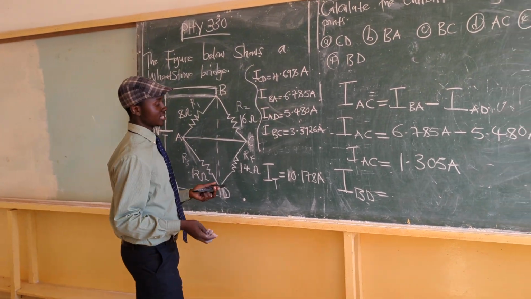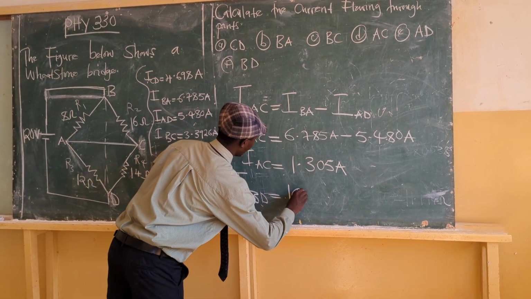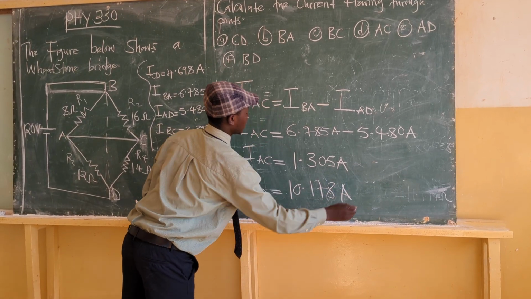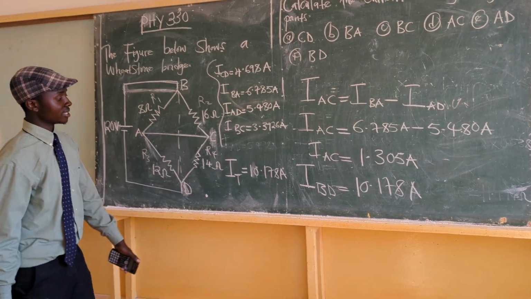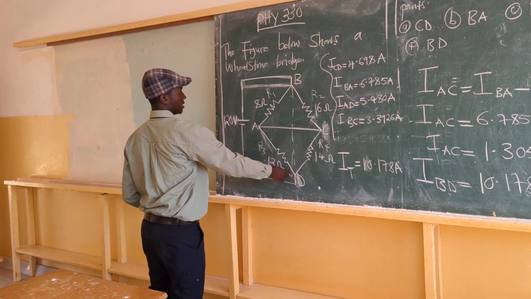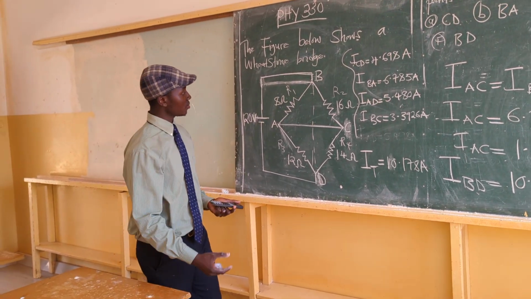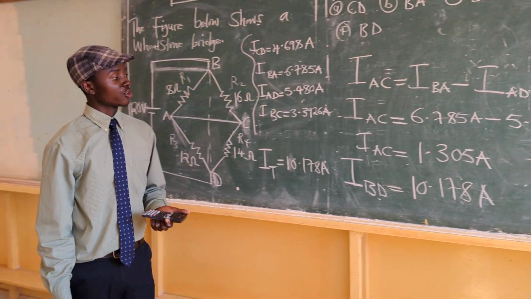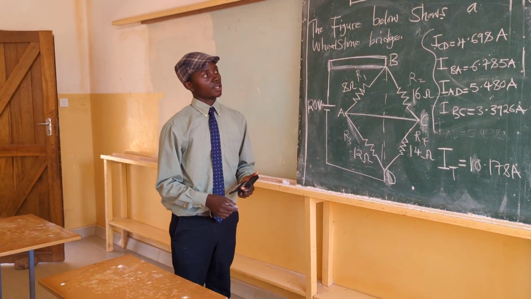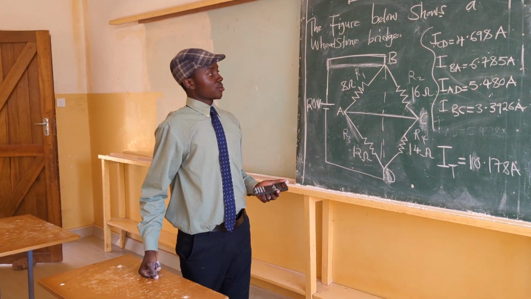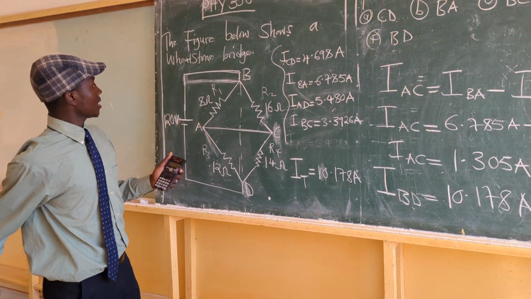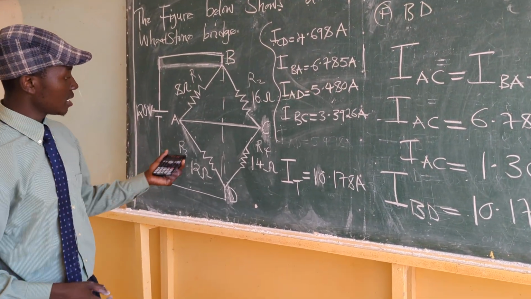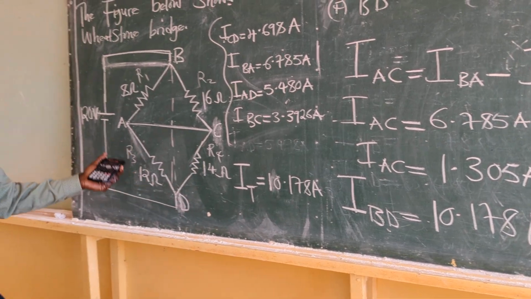So this is the total current of the circuit. Whenever you see a question like this, this is how you need to solve it. As you can see, we have calculated the current at the points BA, BC, AD, as well as BD.